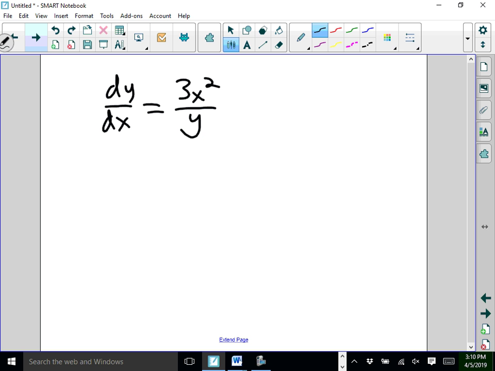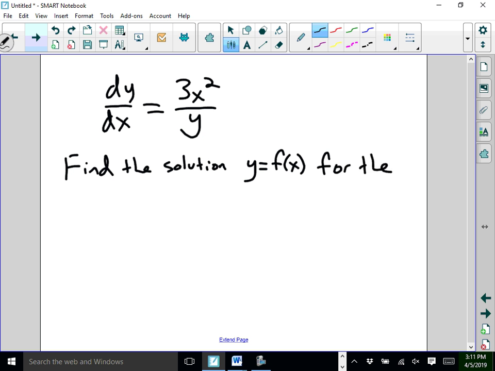And it's going to say, find the solution y equals f of x for the differential equation that goes through f of 1 equals 2.